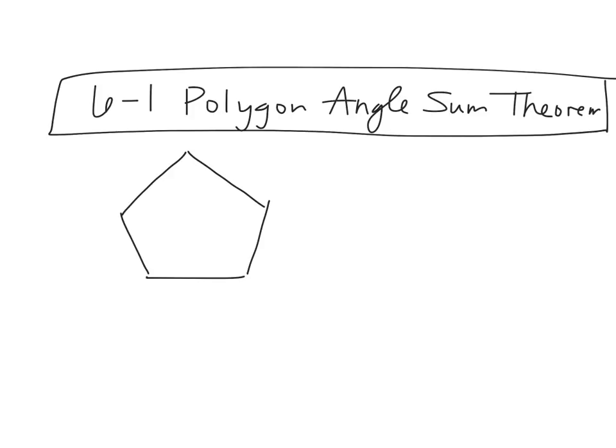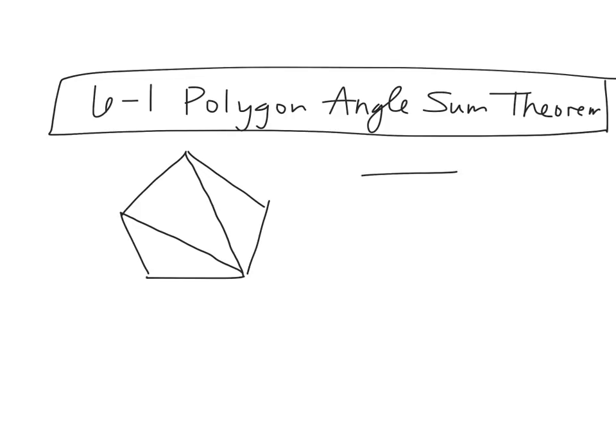So if I were to go like this and like that, how many triangles do you see? 3, okay? If there are 3 triangles and each triangle is 180 degrees, we should be able to say 3 times 180 and get the sum of that pentagon's interior angles, right?